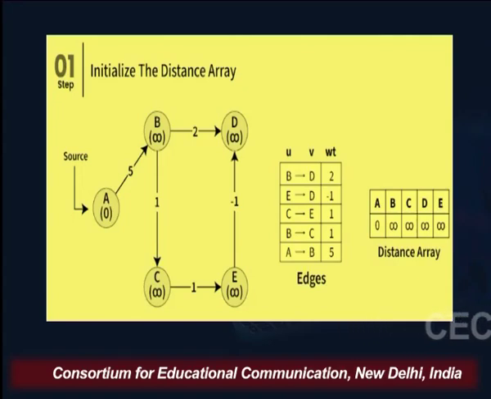As far as distance is concerned, except A, the distance for all other vertices is kept as infinity. And please remember that this distance is the distance from the source vertex. So, distance from source to B is infinity, distance from source to C is also infinity, and similarly for D and E. So, this was the initialization step which we did with the help of a very small procedure which is already covered.